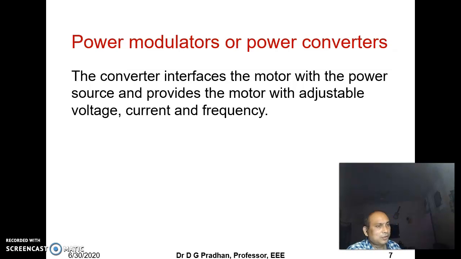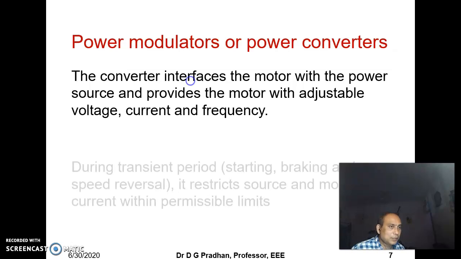Also, the power modulator modulates the flow of power from source to the motor in such a manner that the motor is imparted the speed or characteristics required by the load.